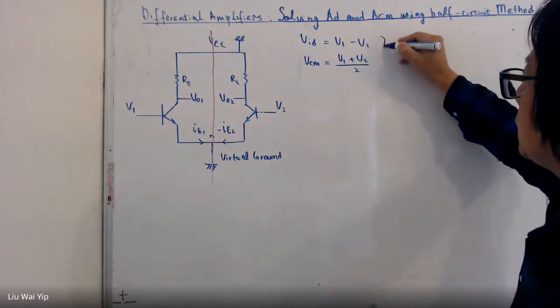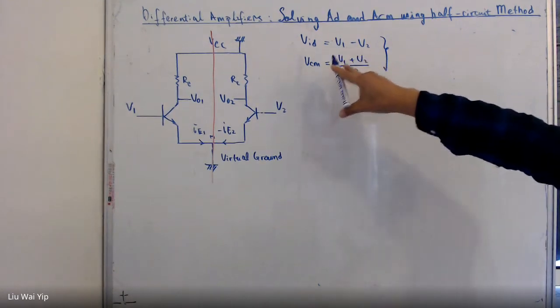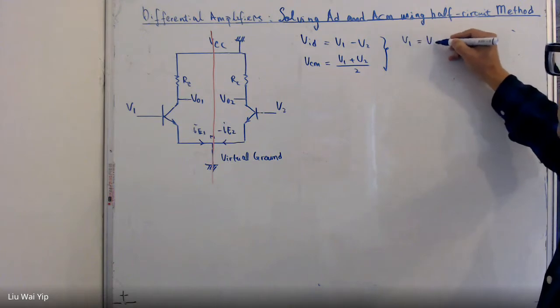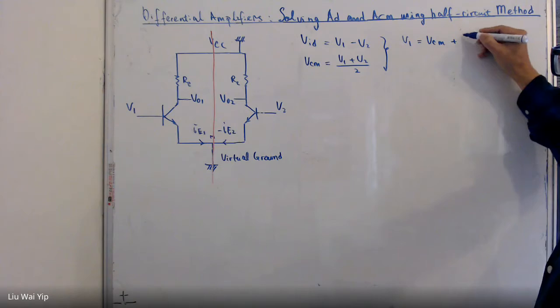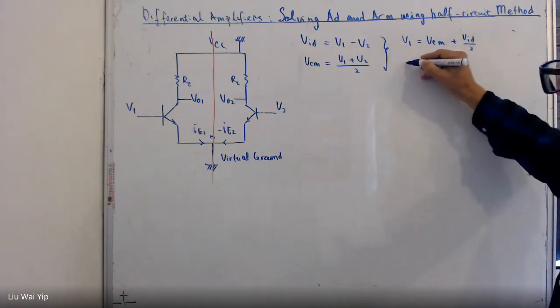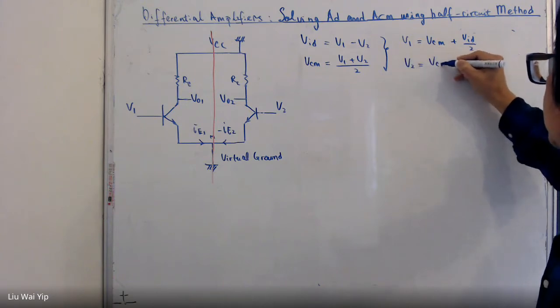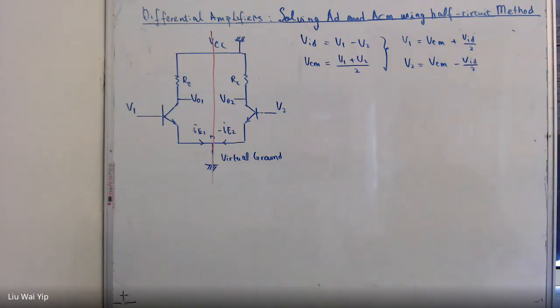With these two equations together, we can simultaneously solve for V1 and V2. V1 will be equal to VCM plus VID divided by 2. And similarly, V2 will be equal to VCM minus VID divided by 2.